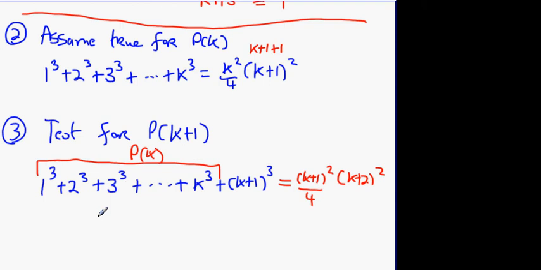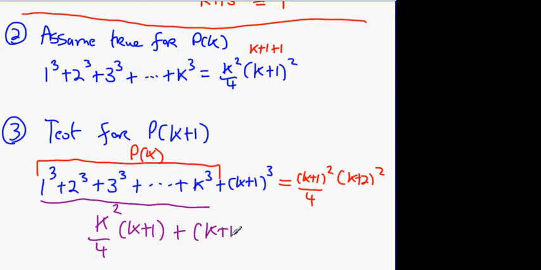Now, when you replace this with P of k, what we're going to get is k squared over 4 into k plus 1 squared, plus k plus 1 cubed. And what that is going to equal is k plus 1 squared over 4 into k plus 2 squared.